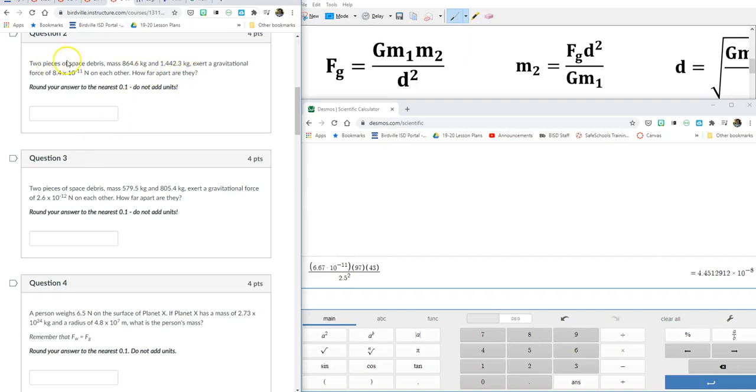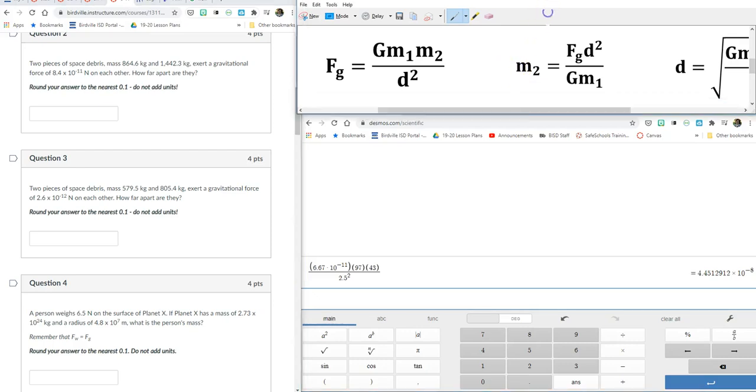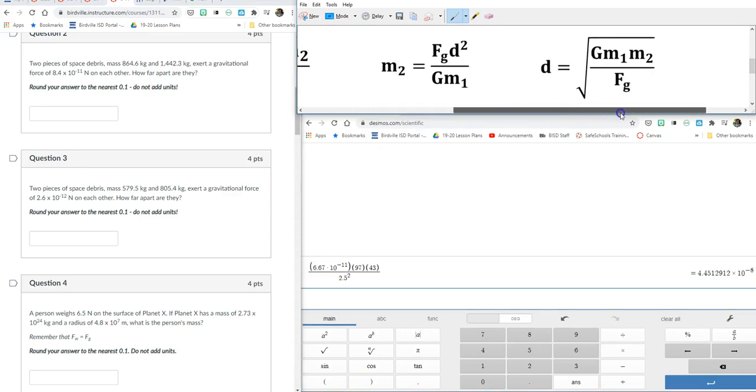Two pieces of space debris with these two masses exert a gravitational force of this many newtons on each other. How far apart are they? So I'm going to come over here to my equations. How far is a distance? So I'm looking for a distance apart.